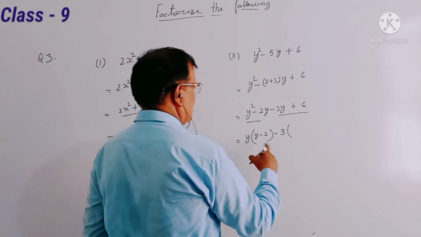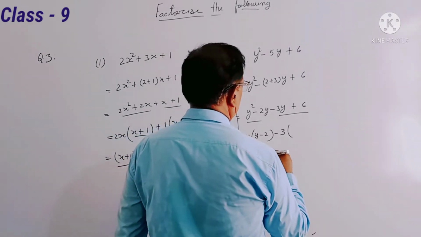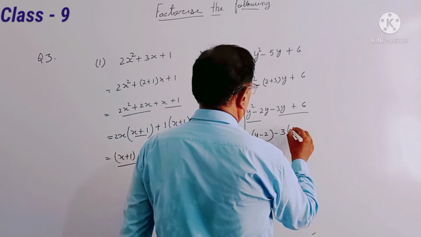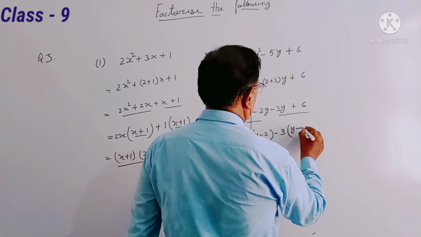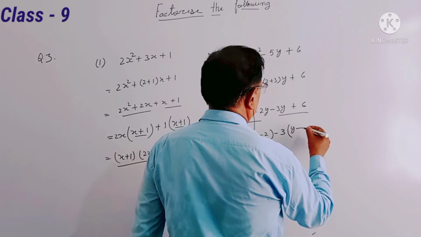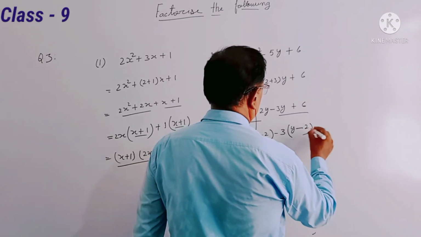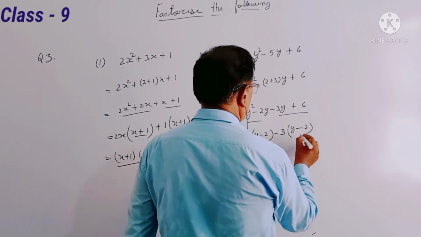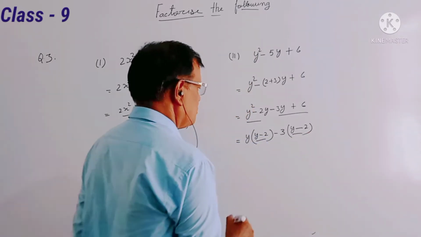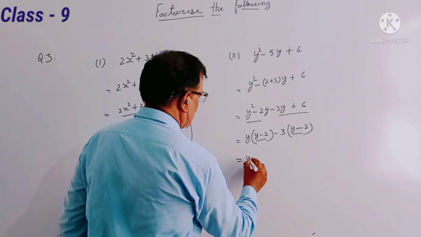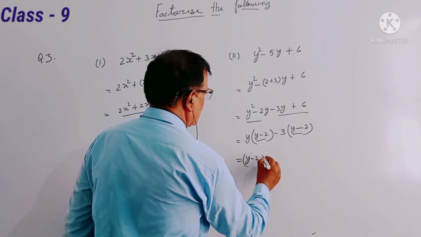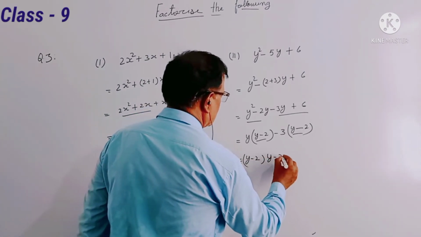As we have taken the minus sign also common, so we change the sign also. 3 1 the 3, now it is y, then plus minus is changed, then 3 2 the 6. Now we are seeing y minus 2, y minus 2 is common. Now we have taken y minus 2 common. It is y minus 3.